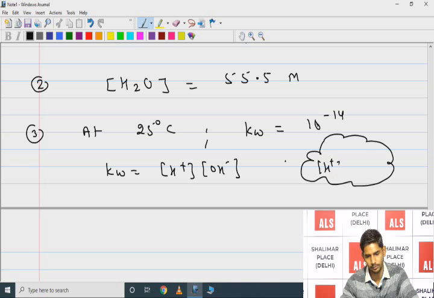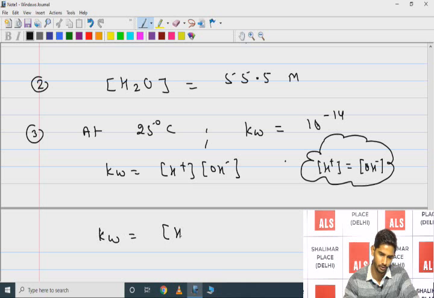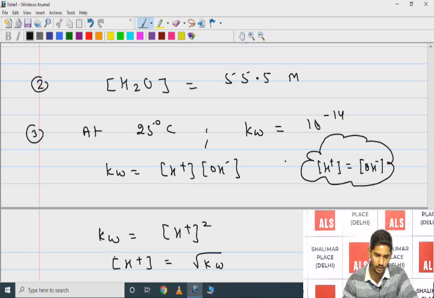H plus is equal to OH minus. So what can we say? That Kw should be equal to the concentration of H plus squared. So on solving, I can say that H plus is equal to under the root Kw.